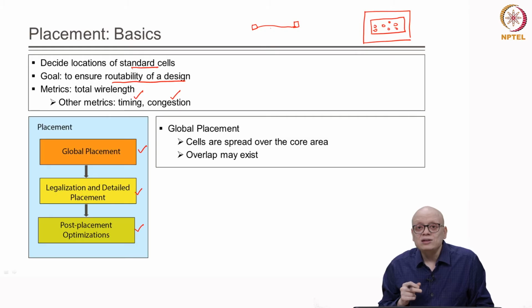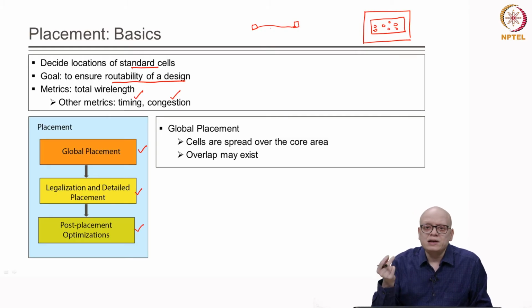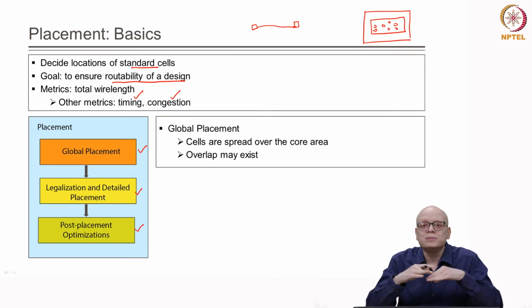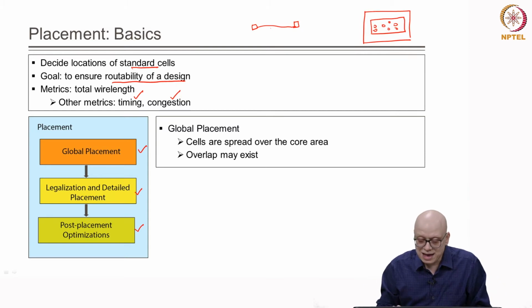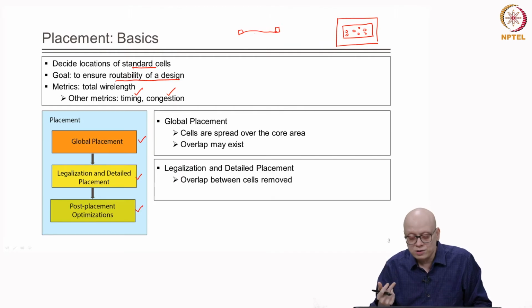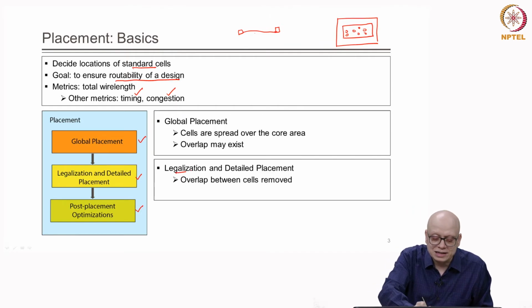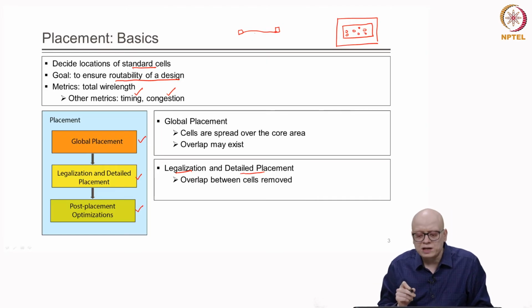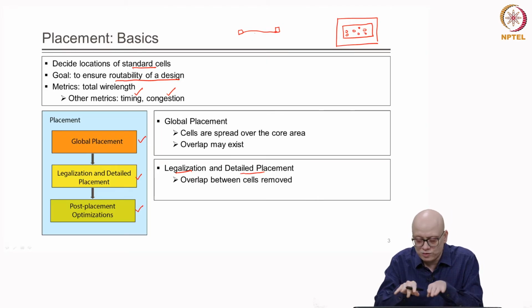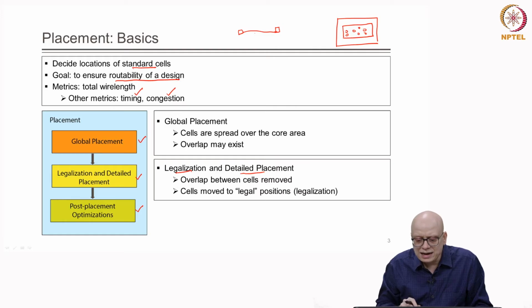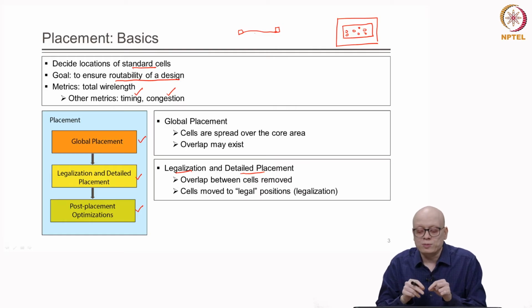Okay. And then during global placement, the dimensions of the individual cells are not considered, and therefore, there can be overlap between cells, and therefore, in the next step we carry out legalization and detailed placement. So, in legalization, overlap between the cells is removed by moving them further apart, and cells are moved to legal positions.